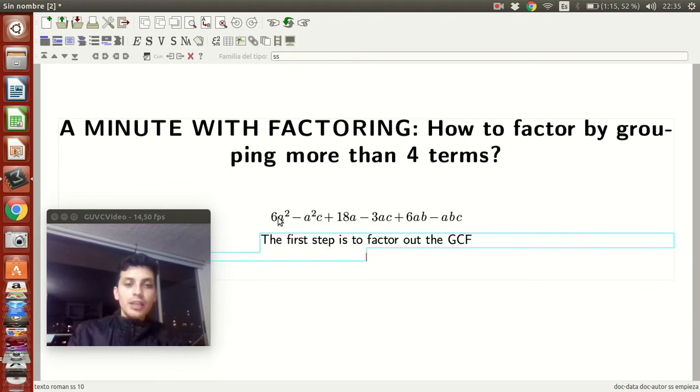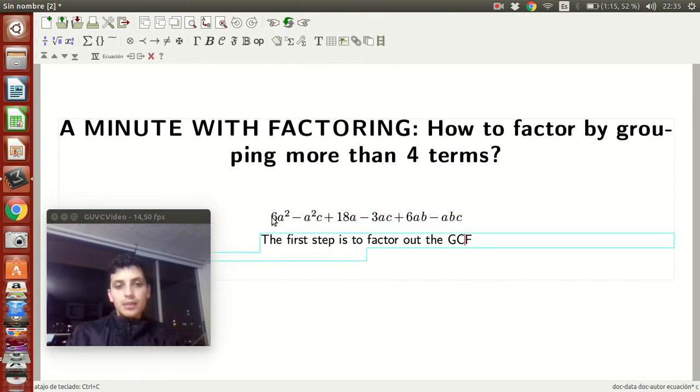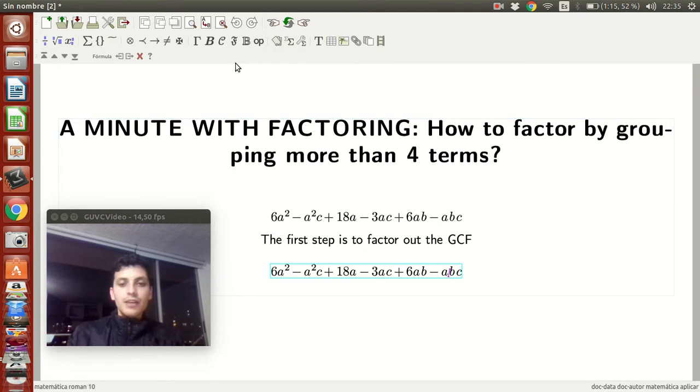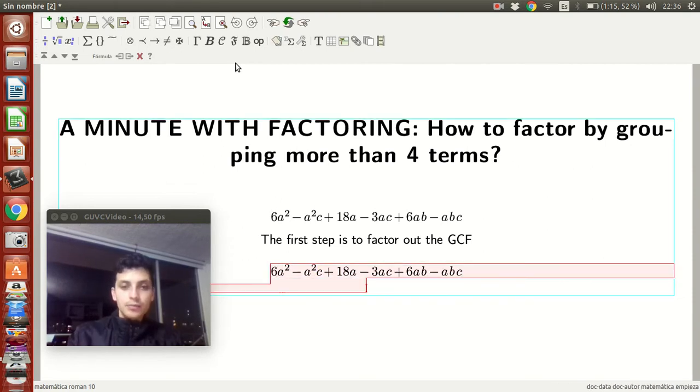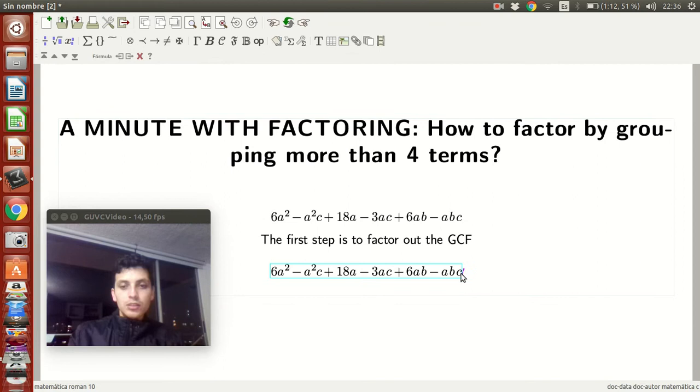And what is the GCF here? The GCF here will be A. Could you notice that we have A in each term? Here it is to the second power, but we got it. So we're going to factor out the GCF A.